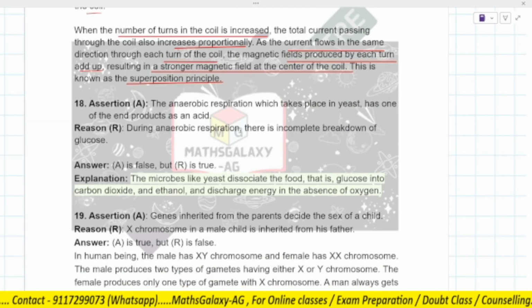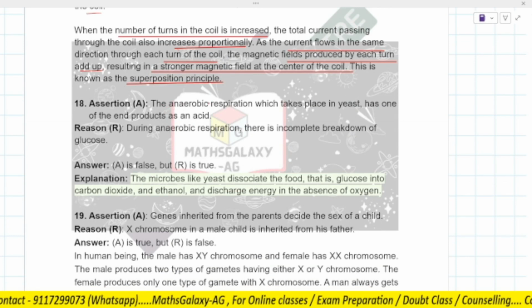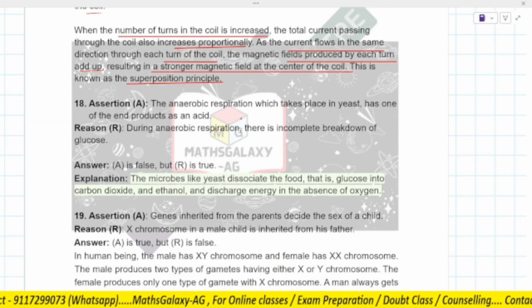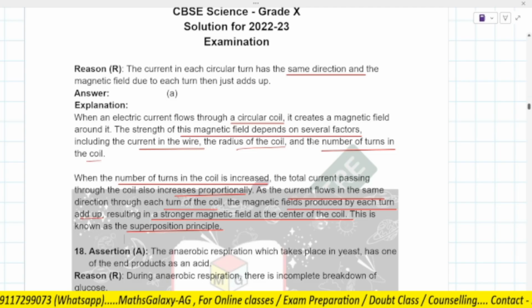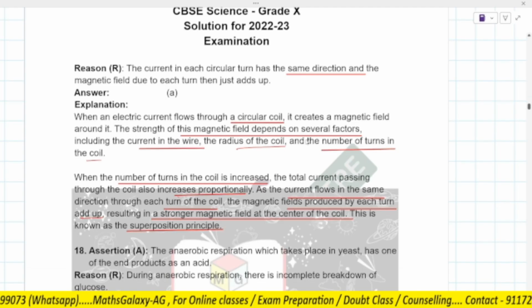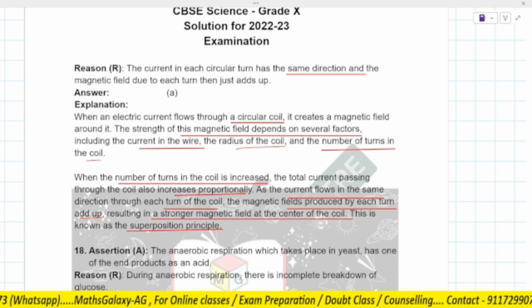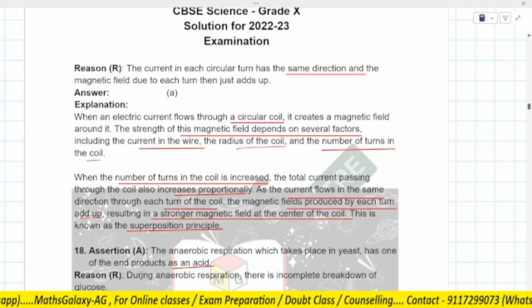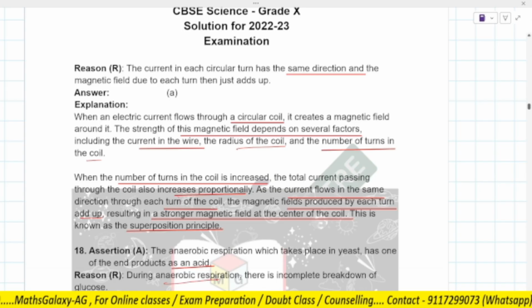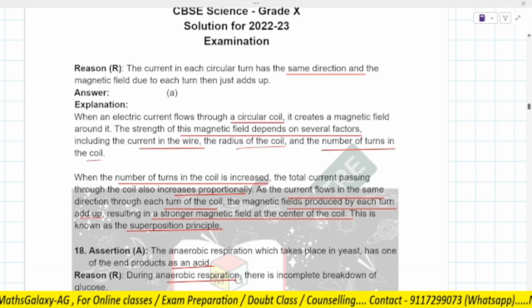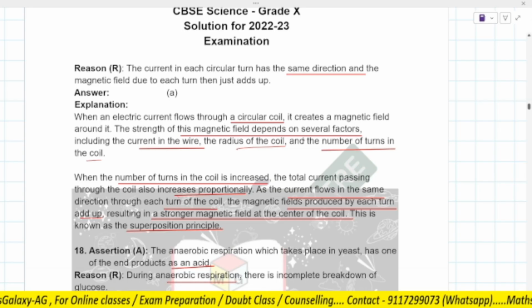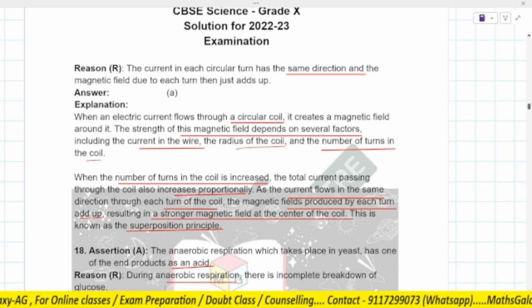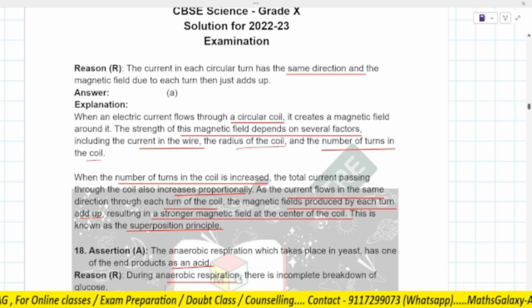No doubt. Now the other question is: the aerobic respiration which takes place in yeast has one of the end products as an acid. The next one says during anaerobic respiration there is an incomplete breakdown of glucose. So tell me which one is correct?